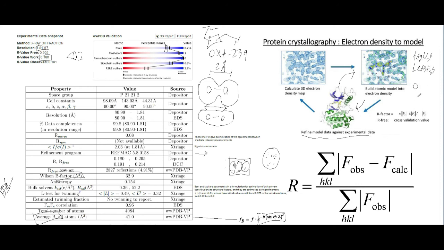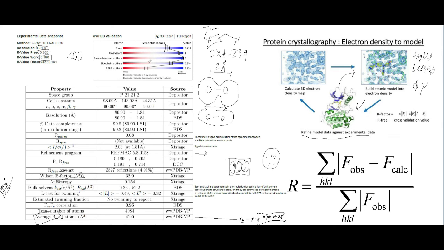That should be phi. Wow, I can't draw phi and psi angles. If you remember that from the protein structure video that I made. So Ramachandran outliers, there are no outliers.